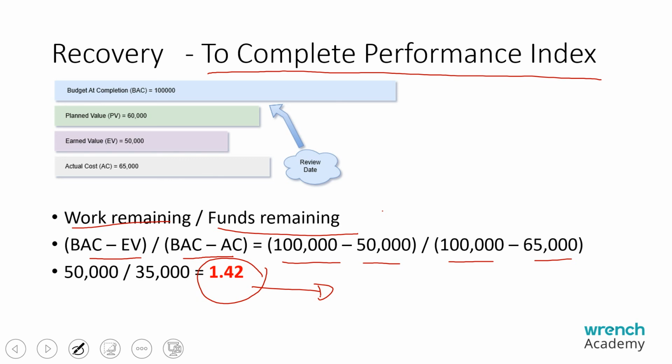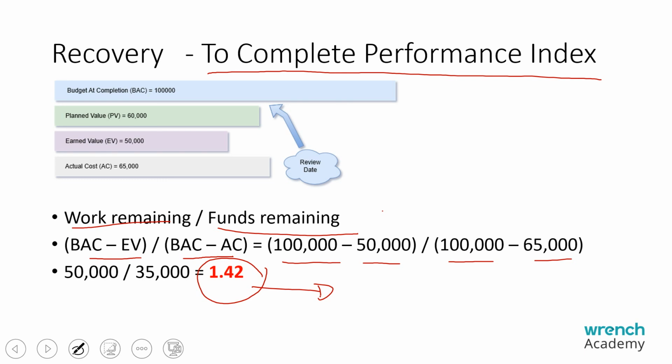TCPI of 1.42 means for every $1 I am spending hereafter, I should be able to complete work worth 1.42. So how do we do that?